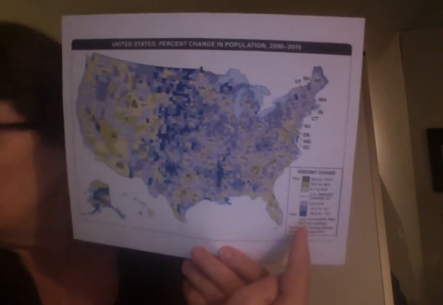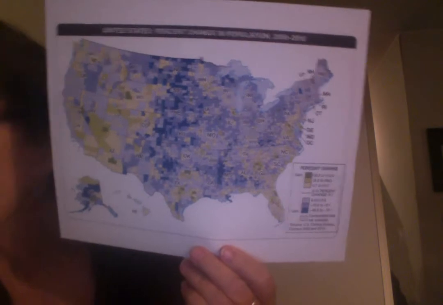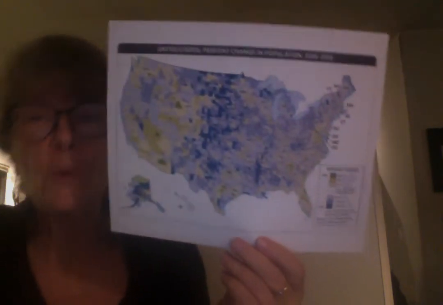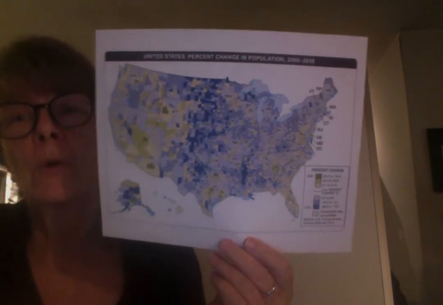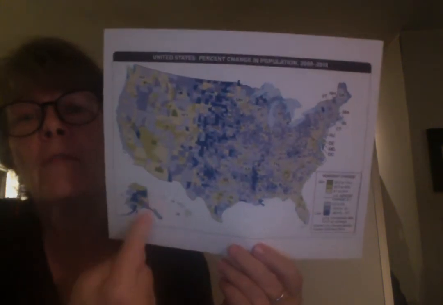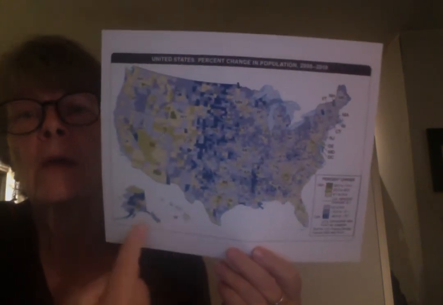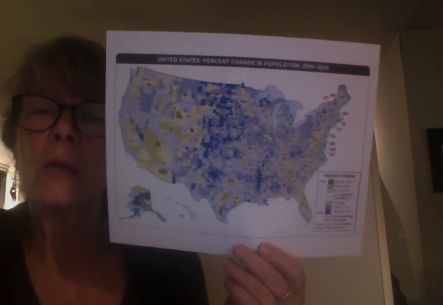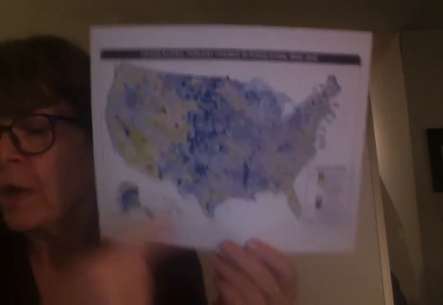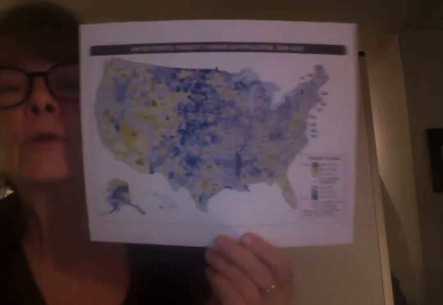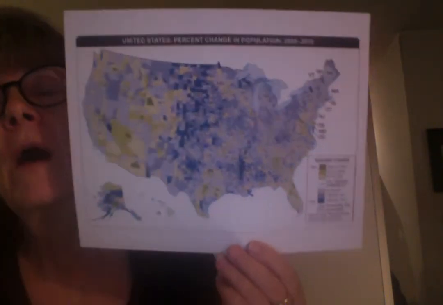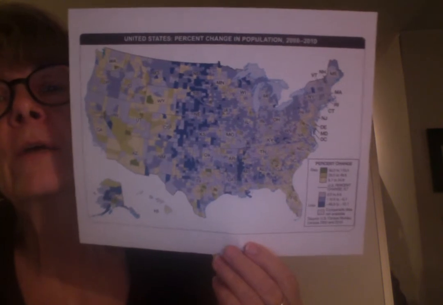The blue shows the decline, how many fewer people there were in a spot in 2010 than there were in 2000. And we have Alaska and Hawaii out here in the middle of Mexico, right? But that's because the map can't be big enough to include them. They're too far away. All right, so let's take a look.